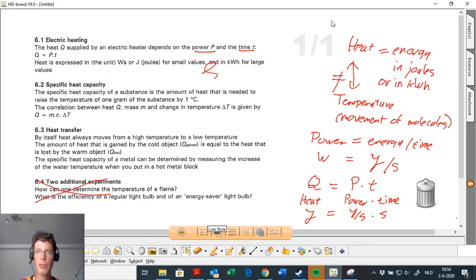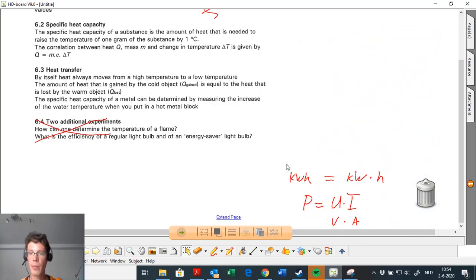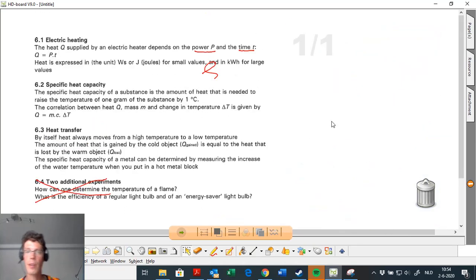Now let's remove this and we're going to see how heat and temperature relate. They relate to each other by this formula. Heat equals mass times specific heat capacity times temperature difference.